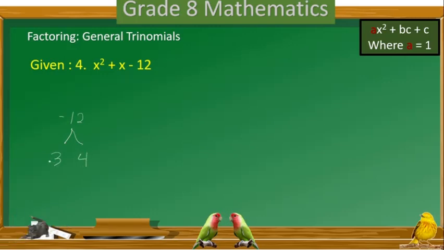If this is negative and this is positive, and 4 is negative, what will happen? So this is 1, this is negative 4, negative 1. If we are going to find the sum, what combination is qualified for this? Okay, this one, this option.